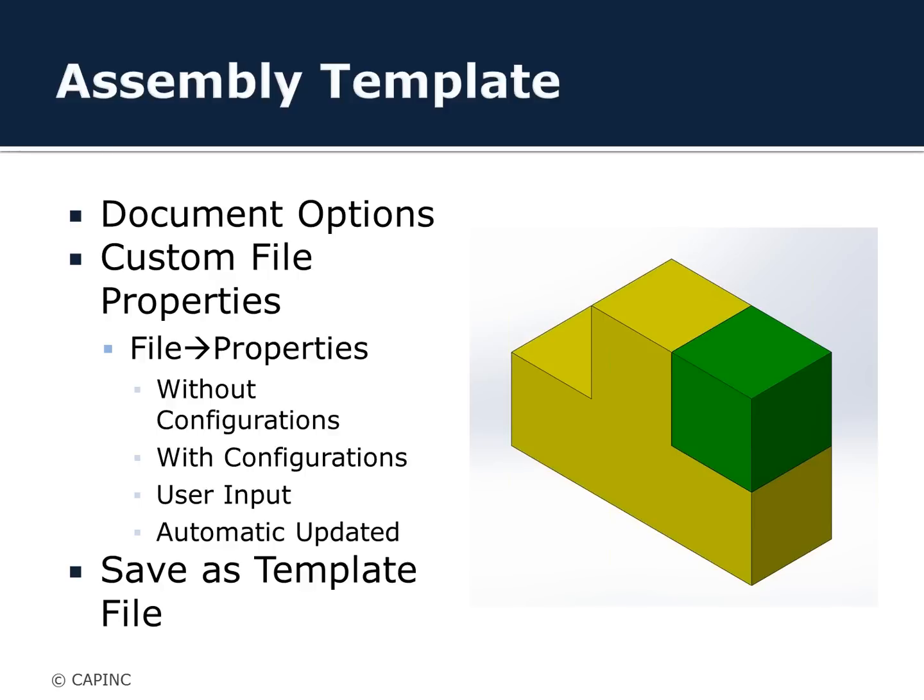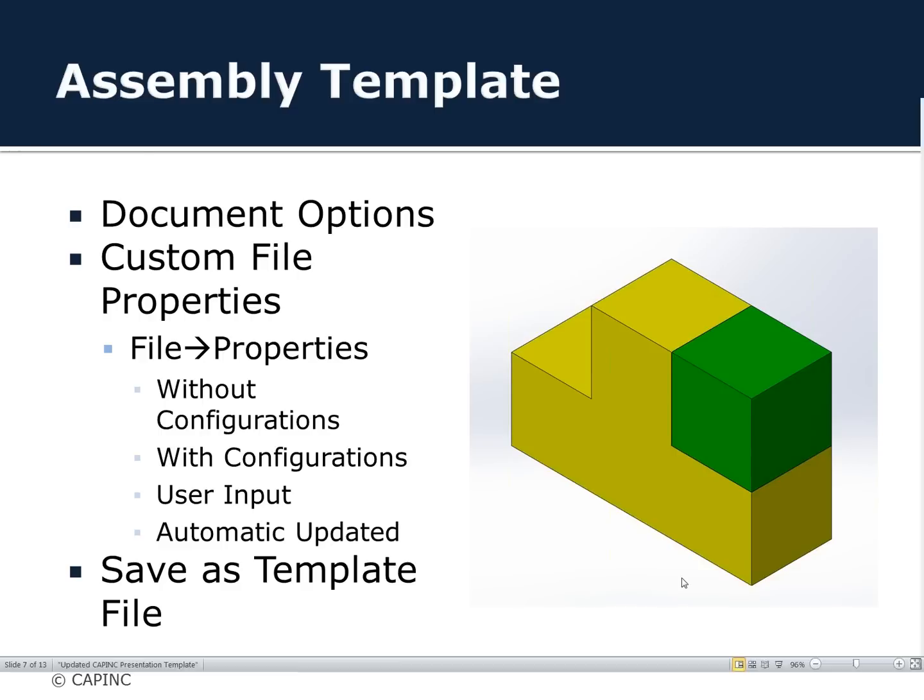Then we'll add in any custom file properties. Same thing, you can add it for configurations or without configurations. You can do the user input or the automatic updates. And then you're going to save this as a template file. So very similar to how we did the part files.